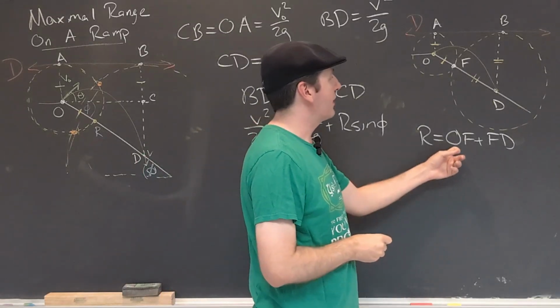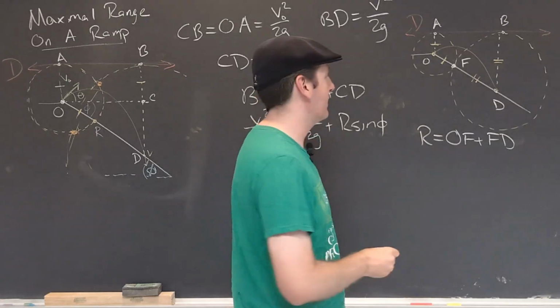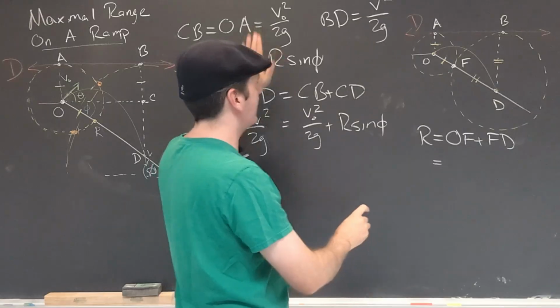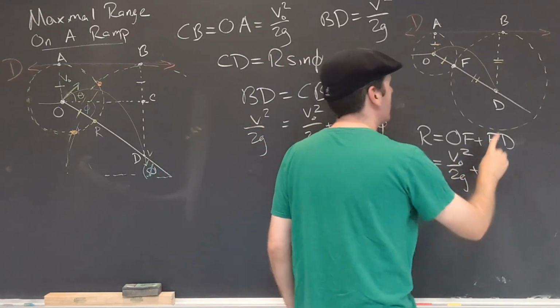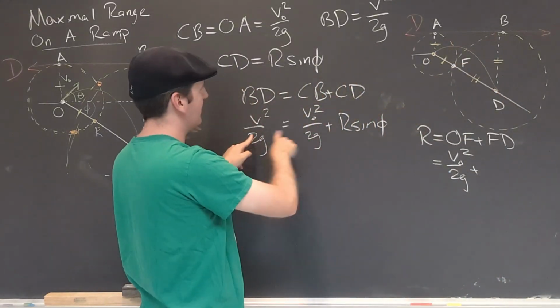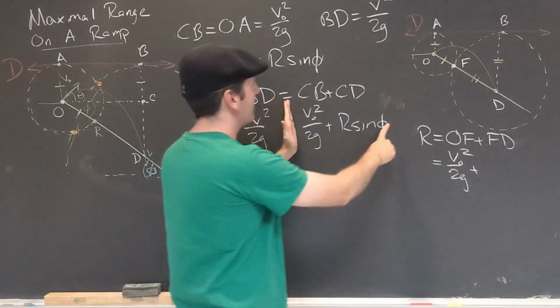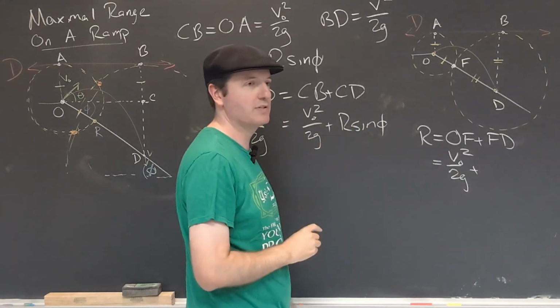Okay, but we already have expressions for these based on the congruences shown in the diagram. We know OF is the same as OA, which again, we've written down, V naught squared over 2G. We know FD is the same as DB, which again, we've written down here. I could write it in terms of the V squared, but I'd rather write it in terms of V naught and stuff, because that'll help us cancel stuff out.